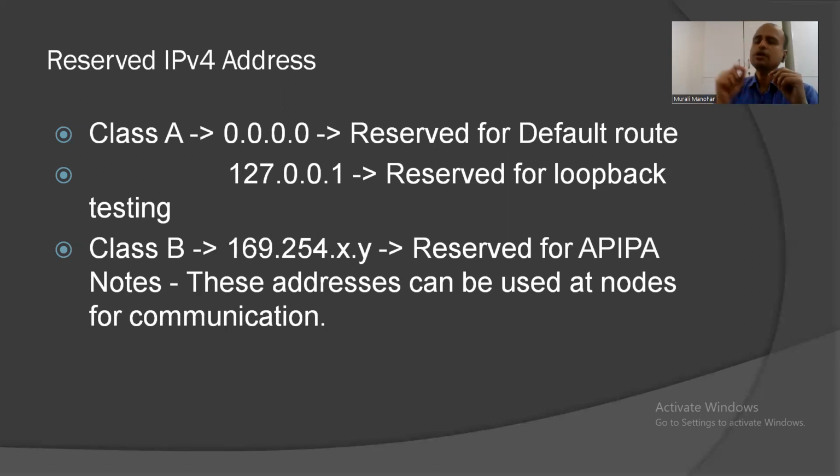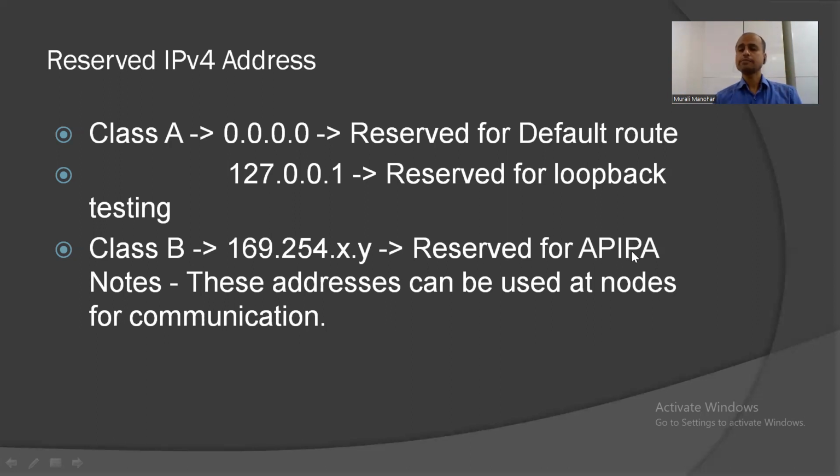And if a node is trying to get an IP address from DHCP and is not able to get it due to any reason, suppose DHCP is not working, there is a link problem, network issues, anything, in that case, after some time, it automatically assigns itself an IP address that belongs to this range. That's why it is known as Automatic Private IP Address, APIPA.